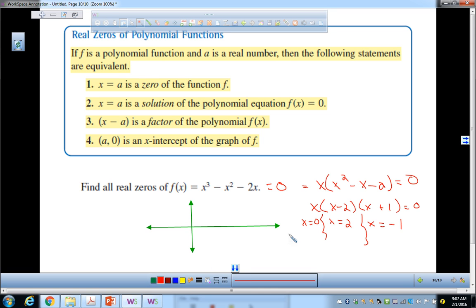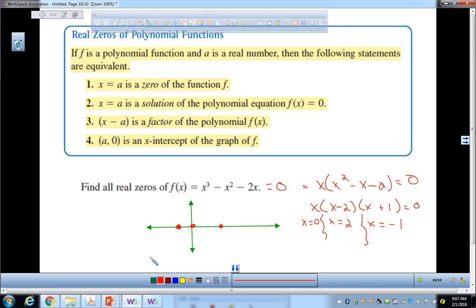Which makes my life really easy for sketching this particular polynomial, because I know I have zeros at 0, at negative 1, and then at 2. I also know the end behavior of this is what? Well, how does it start? It starts down and ends up, right? From this being a positive x cubed.